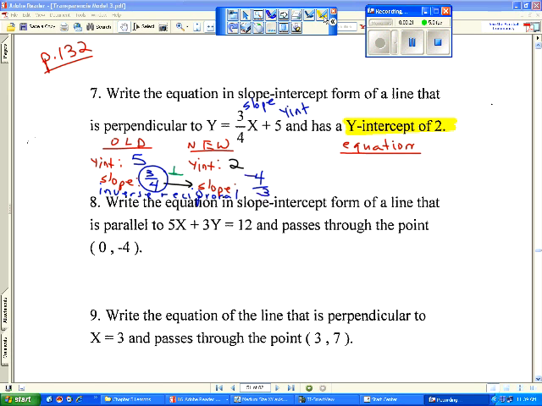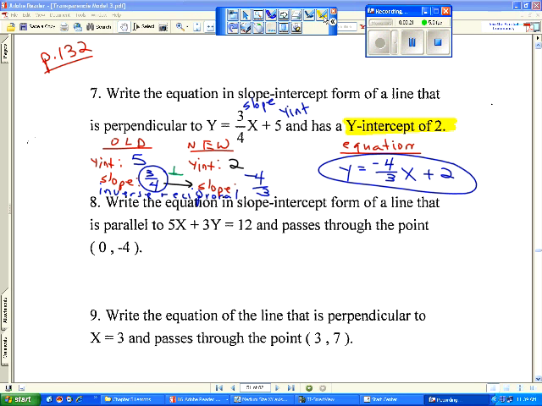So my new slope is -4/3. Everybody say we found the new slope and the new y-intercept. So I can write my new equation. My new equation will be y equal slope -4/3 x plus y-intercept 2. Any questions on number 7?